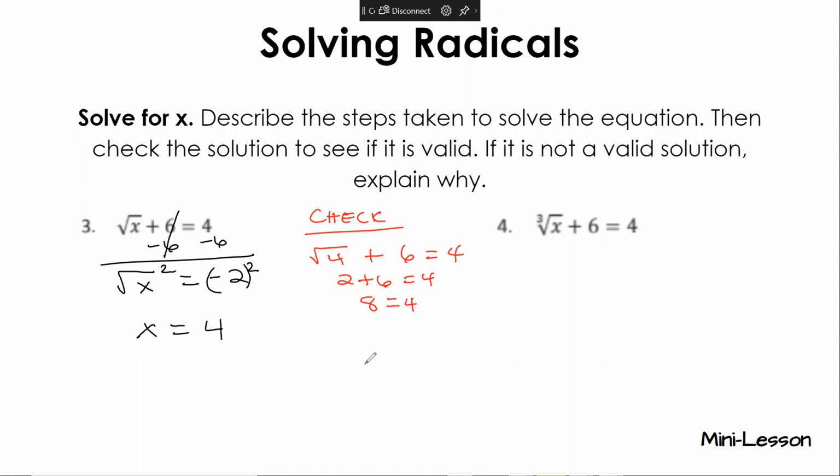All right, is 8 equal to 4? No. So this would not be a valid solution. So in this instance, we're going to say it has no solution.